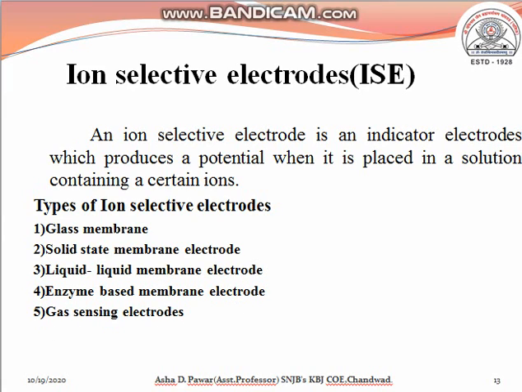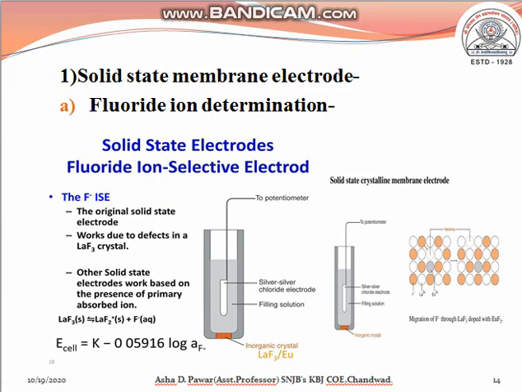We learn first the solid state membrane electrode. In the solid state membrane electrode, either a homogeneous mixture of material is used in the form of a membrane, or an ionic compound, a single crystal, is used in the form of a membrane. First we learn the fluoride ion selective electrode.